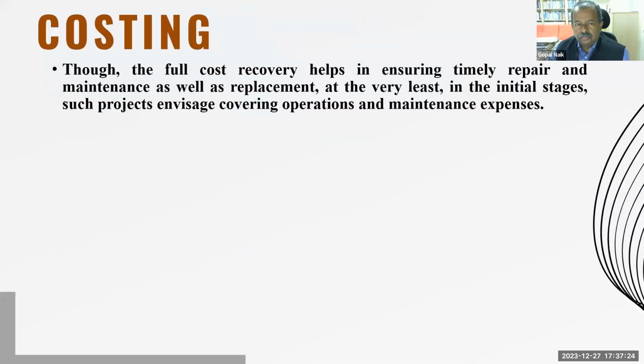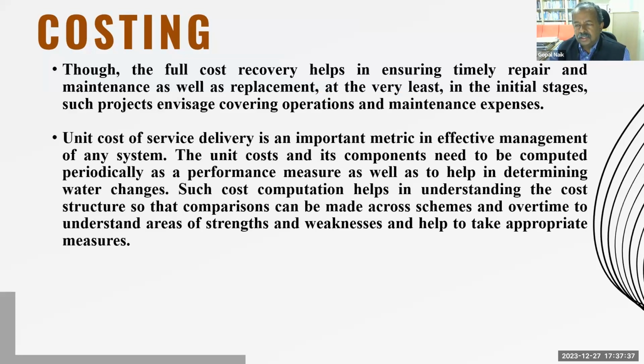So when we are looking at costing, though full cost recovery helps in ensuring timely repair and maintenance, as well as replacement, as we have been saying, at the very, very least, especially in the initial stages, such projects envisage covering operation and maintenance expenses.